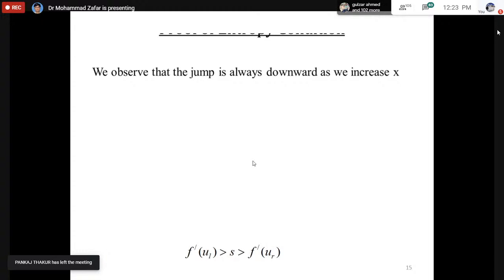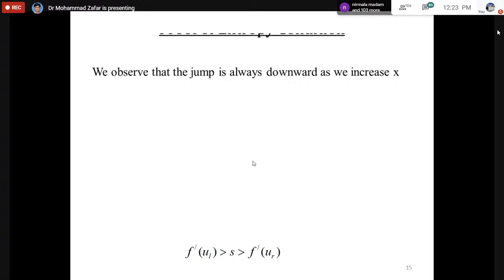This again means f prime of u is an increasing function. Correct? Now, since ul is greater than xi greater than ur, and f prime of u is an increasing function, f prime of ul must be greater than f prime of xi, which must be greater than f prime of ur.